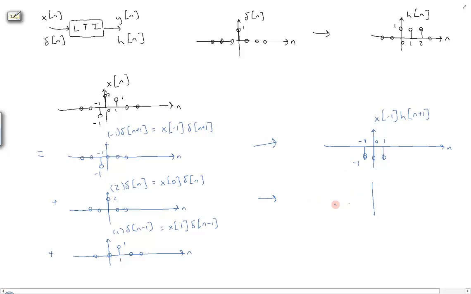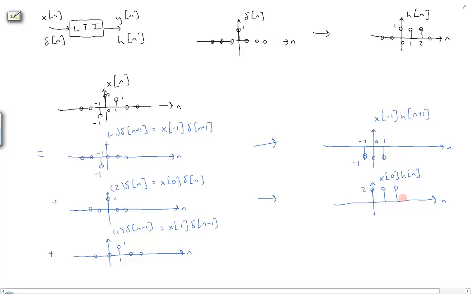Likewise, the next signal, a single delta scaled by 2, is x of 0 times h of n with no shift. So it's just a scaling of the original h, making it equal to this signal here, which has an amplitude of 2, since x of 0 is 2.